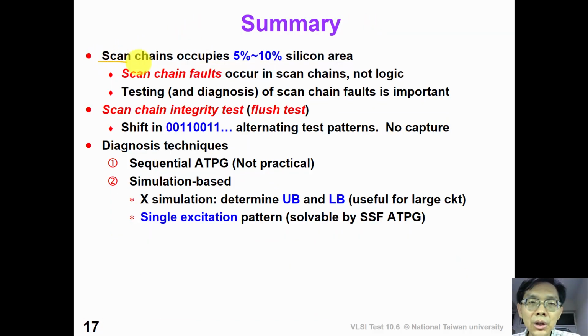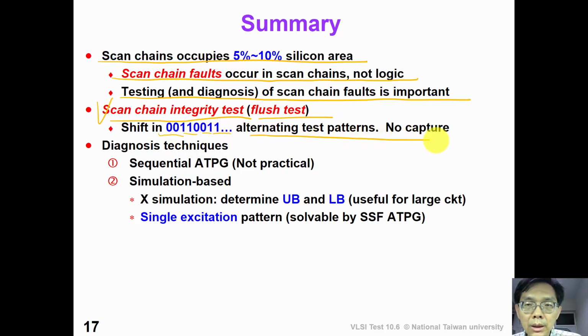In summary, scan chain occupies about 5 to 10% of the silicon area. So faults can occur in the scan chain, not just the logic. And the testing and diagnosis of scan chain faults is important for yield improvement. To test for scan chain faults, we would need scan chain integrity test or flush test. We simply shift in 0011 0011 sequence, and there is no capture.